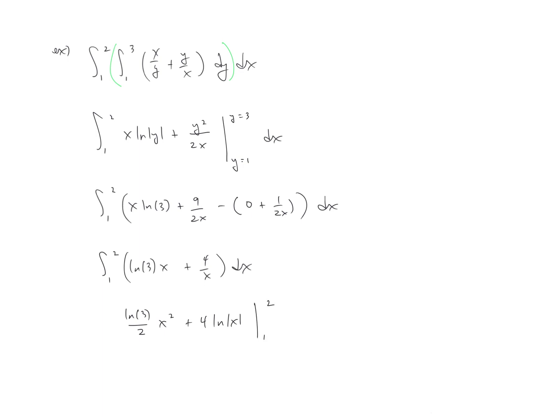And as I plug this stuff in, I'll get a 2 natural log 3 plus 4 natural log 2 minus, now I'm ready to plug the 1 in there and there. That'll give me a natural log 3 over 2 plus 0. And then to clean it up, we'll say 3 over 2 natural log 3 plus 4 natural log 2.